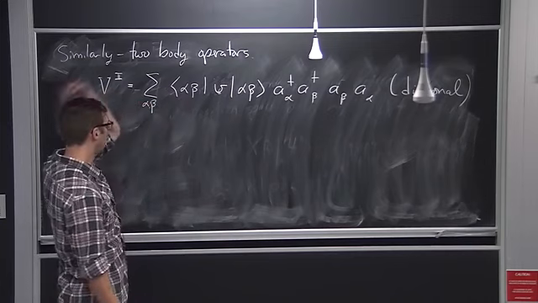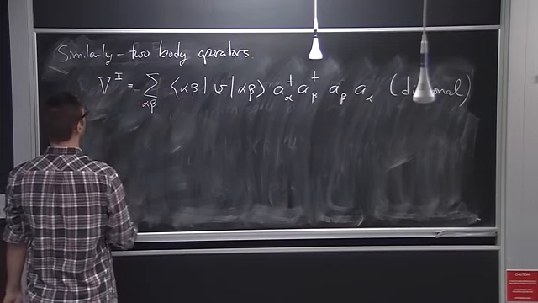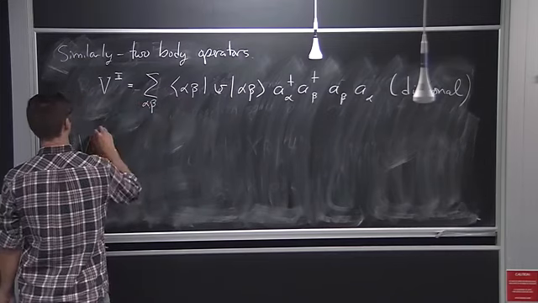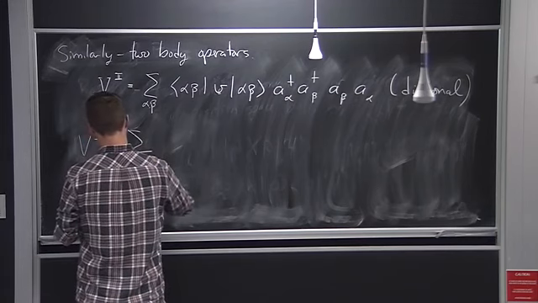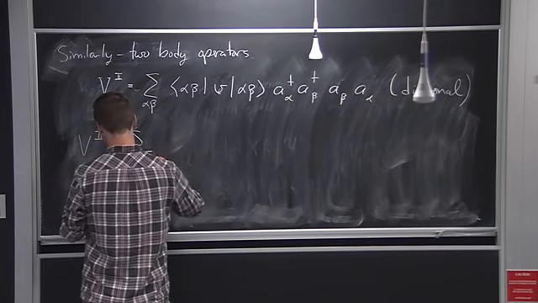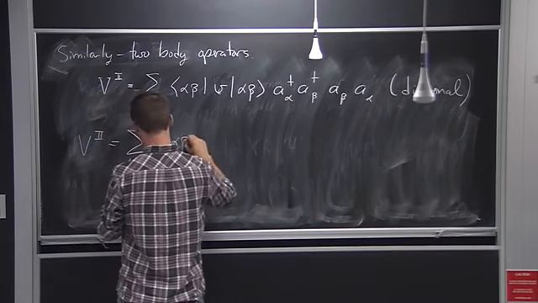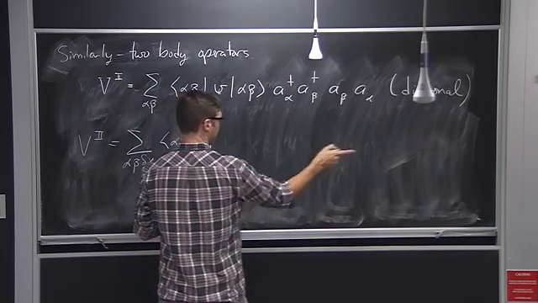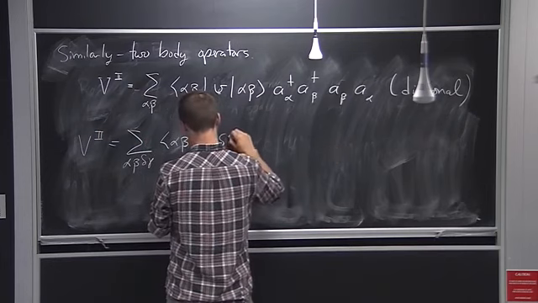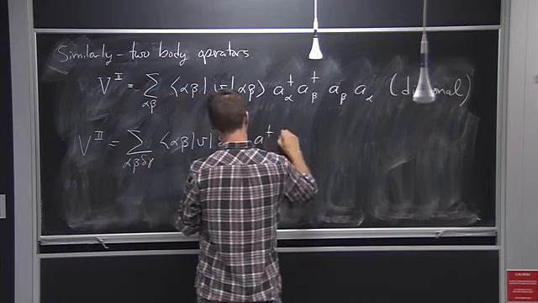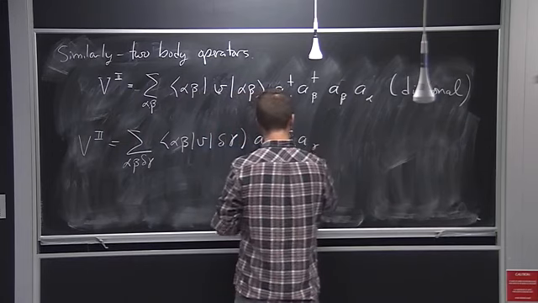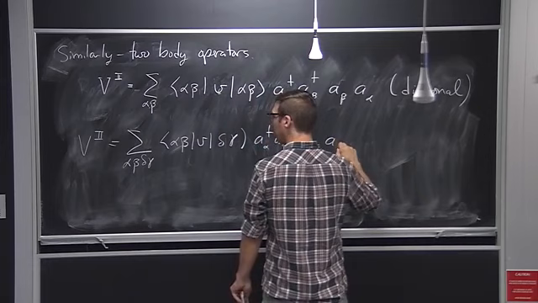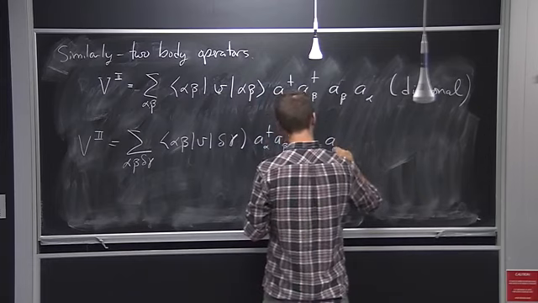Okay. And if you're off diagonal, I need 4 indices. It's analogous to the one particle case. Alpha, beta, gamma. Yeah, that's right, delta.